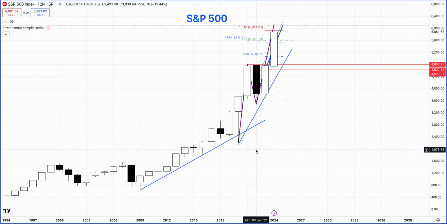This market's high was 4818.62, and the previous year, which is a bullish year, the market's high was 4808.93. So in fact it signals a higher move by just taking out the highs by a small bit, which indicates the continuation of the move. This is why we saw 2023 being a bullish year, and then the continuation of the bull.